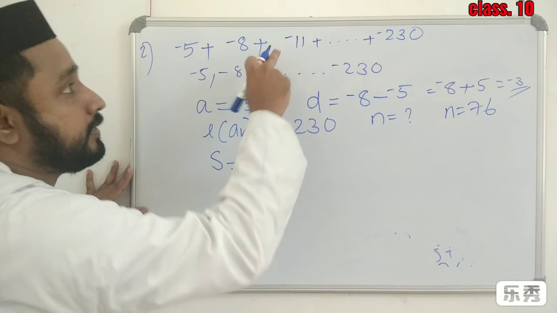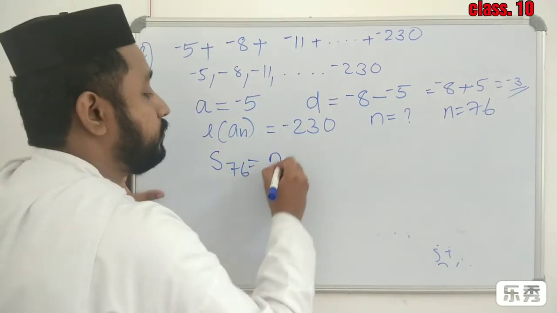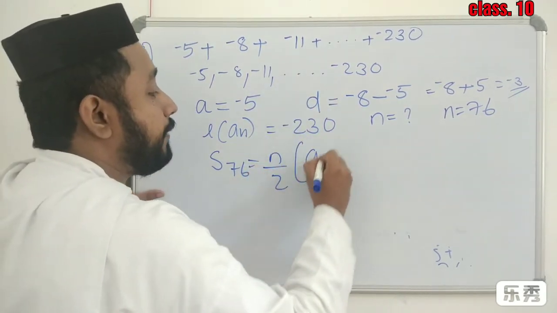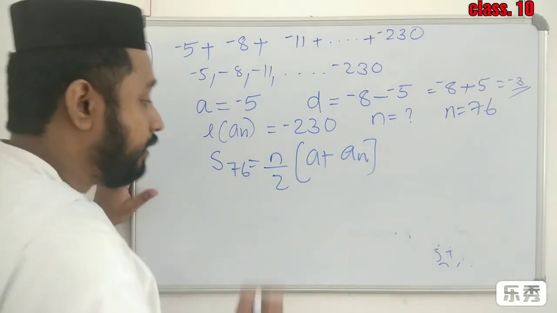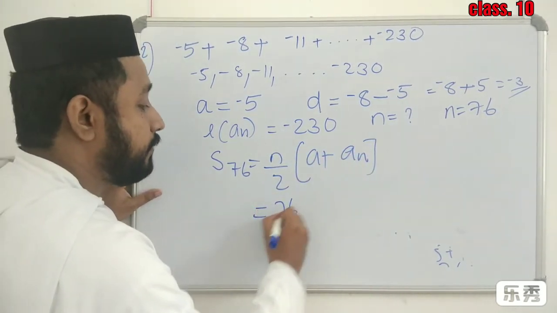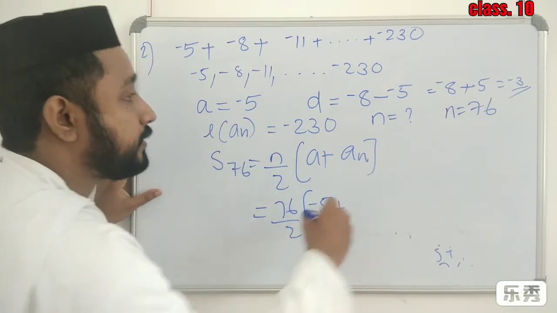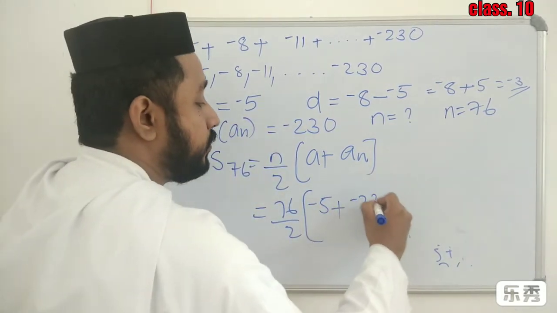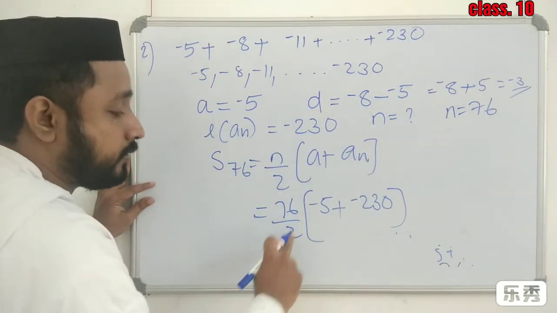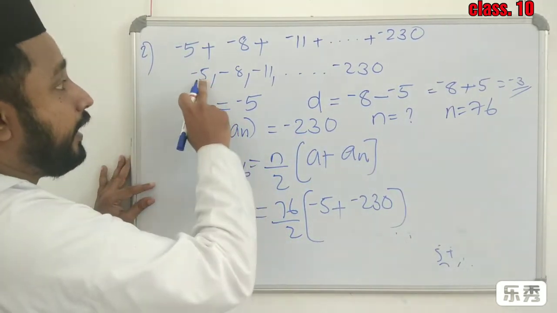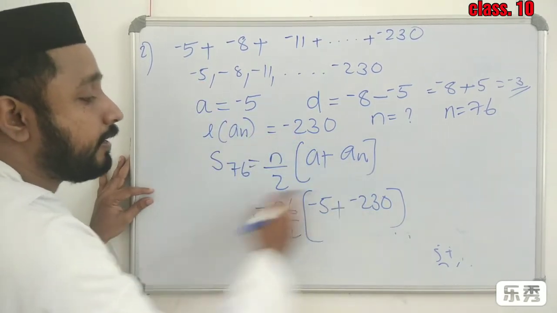There are 76 terms here, which means S76 is n by 2 into (a plus l), or a plus an. So 76 by 2 into a plus an. A is minus 5, and the last term an is minus 230.